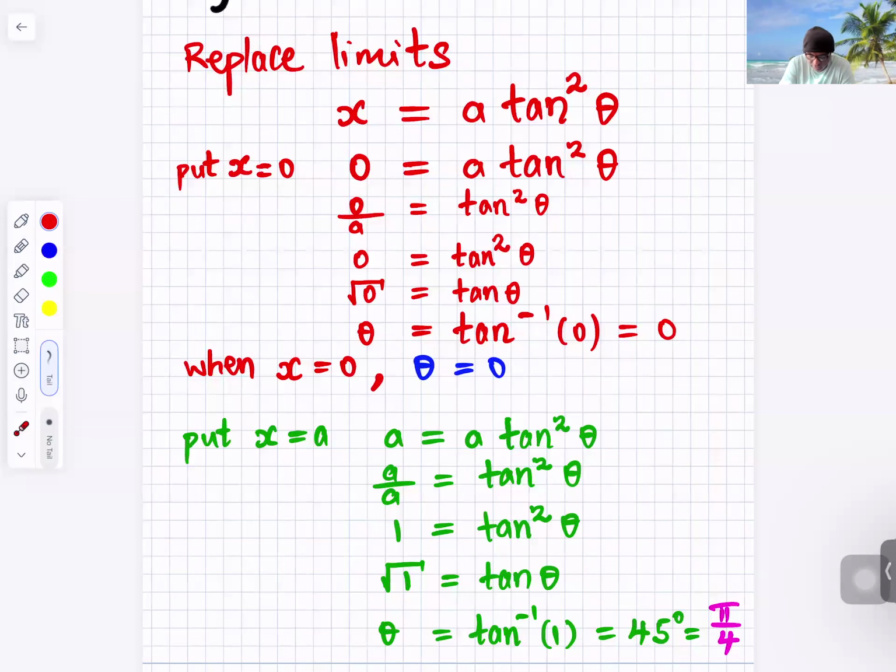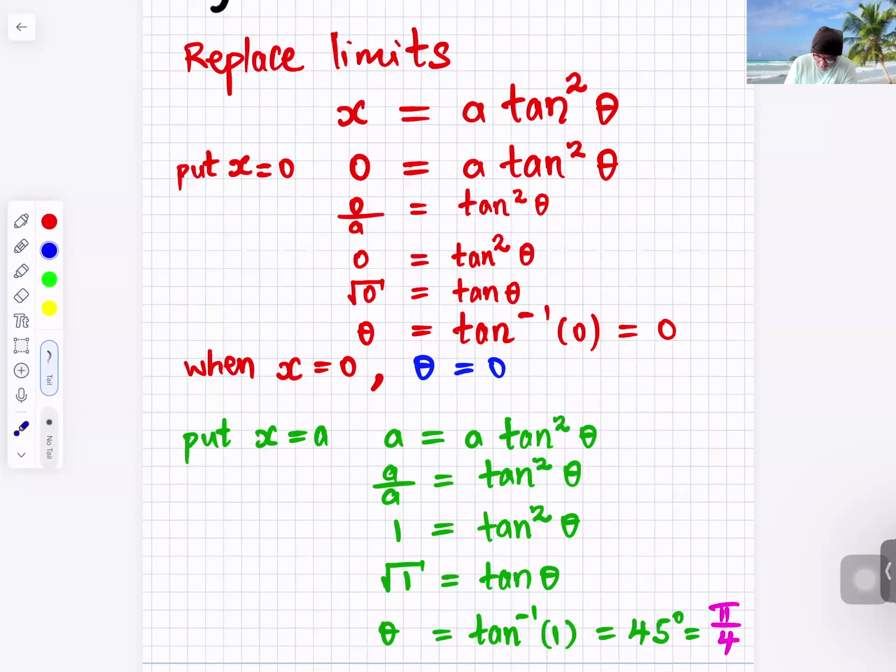Let's replace the limits. Because we are given that x is equal to a tan squared theta, we put x to be 0. So 0 is equal to a tan squared theta. We solve for theta. So you divide by a. 0 divided by a is 0. Find the square root of 0.